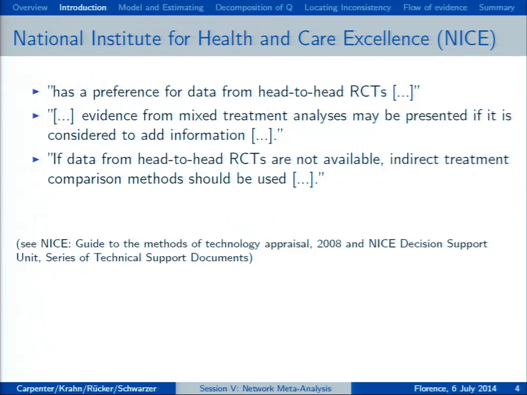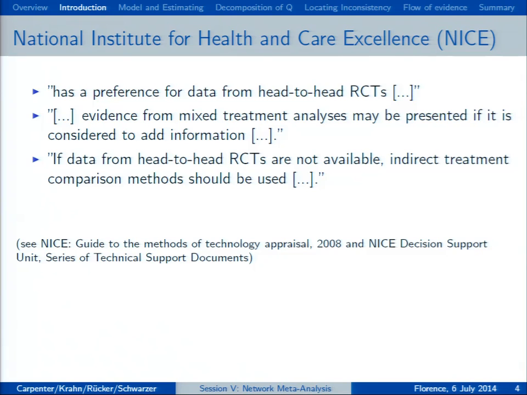Its motivation: the British National Institute for Health and Care Excellence published guidelines on the use of established and new pharmaceutics, a guide to the methods of technology appraisal for decision-making, and they have a preference for data from head-to-head randomized clinical trials.